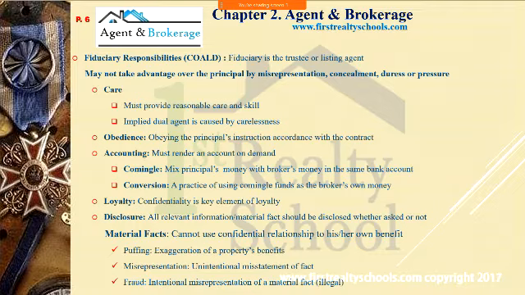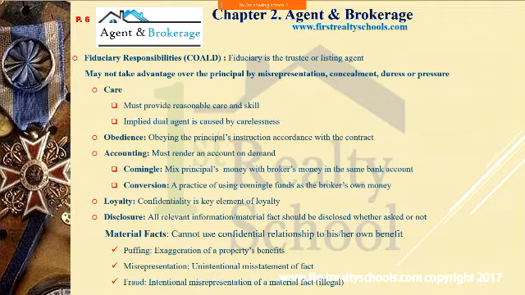Okay, now let's go back to the fiduciary duties. In short, because of COALD, C-O-A-L-D: care, obedience, accounting, loyalty, and the last part is the most important part, we call disclosure.